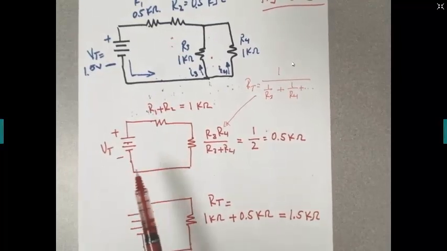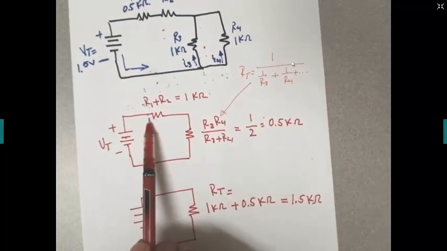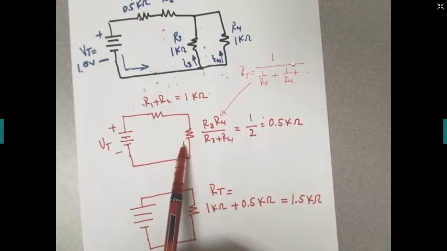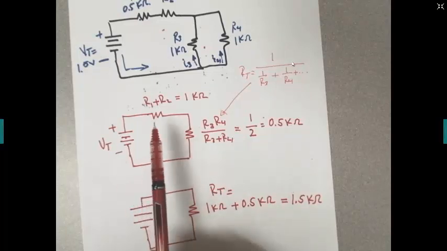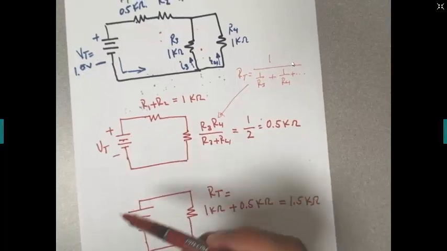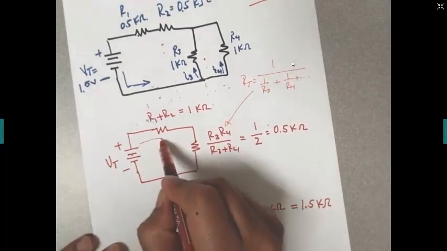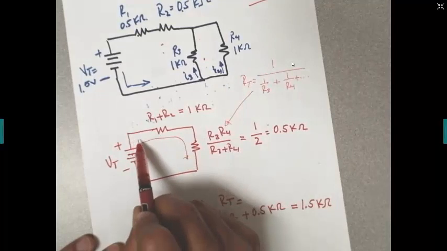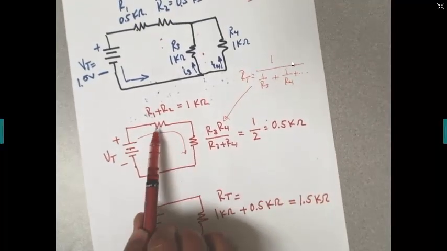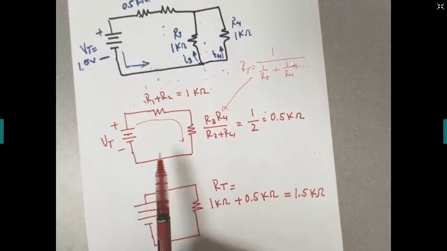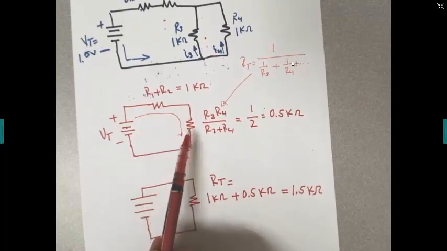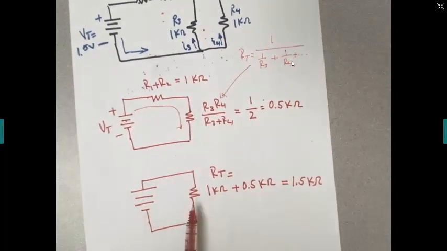So at this point, we have two resistors in series. They're in series because they are in the same branch, the same path. Because they're in series, all we need to do is add this one plus that one, and we can replace the whole thing with one single resistor.